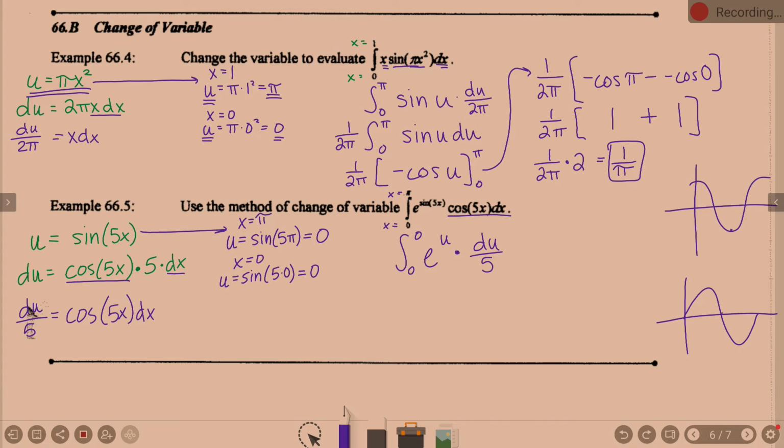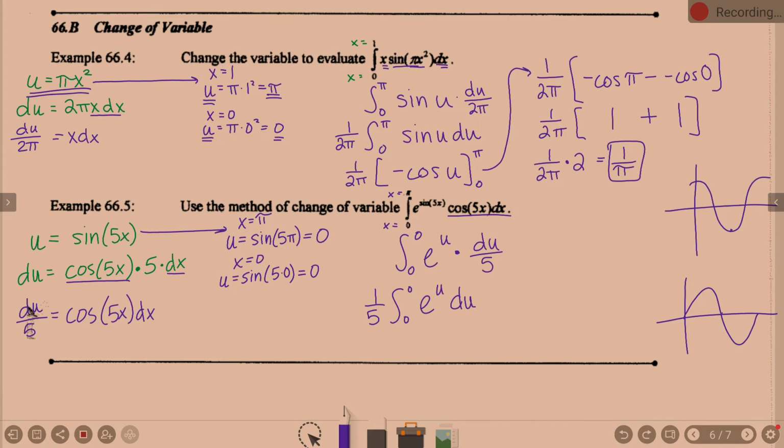So now my lower boundary is 0. So you could stop now if you want, if you know the answer. If you want me to, I'll go ahead, and this 5 in the denominator is a 1/5 times the integral from 0 to 0 of e to the u du.